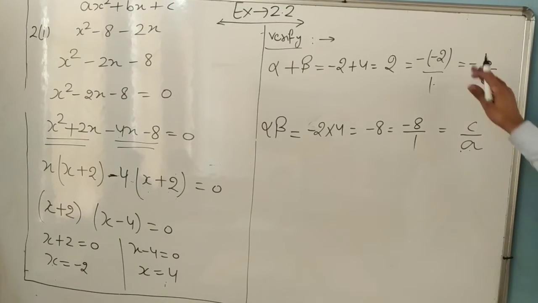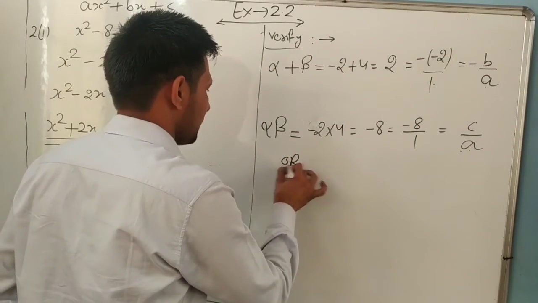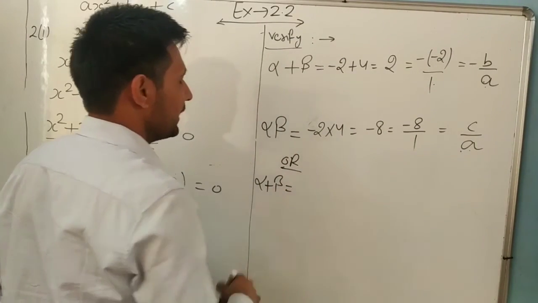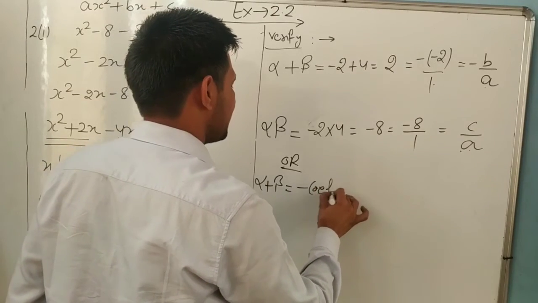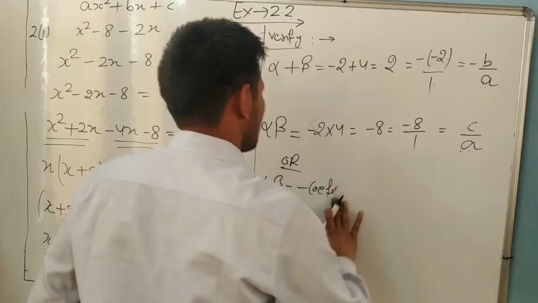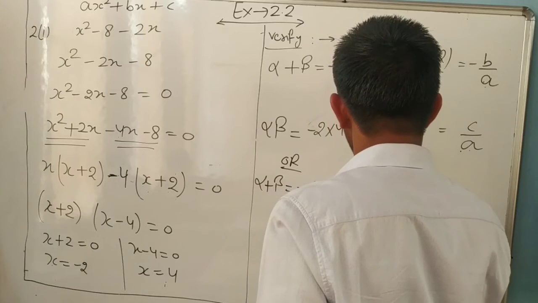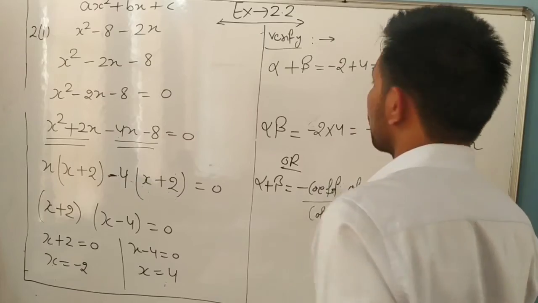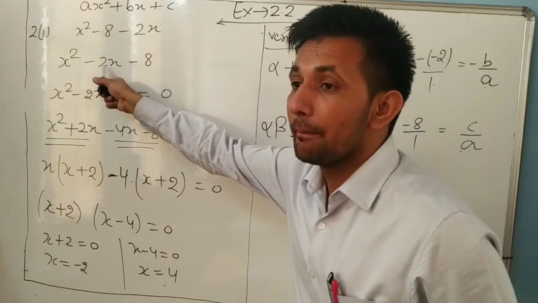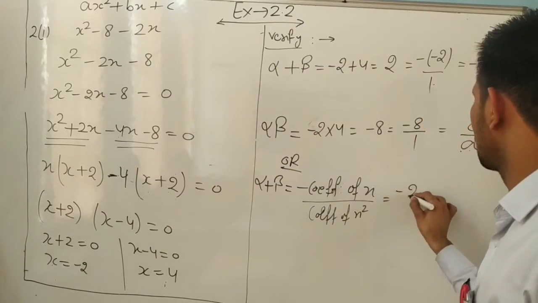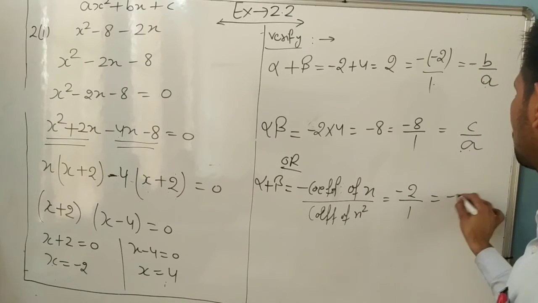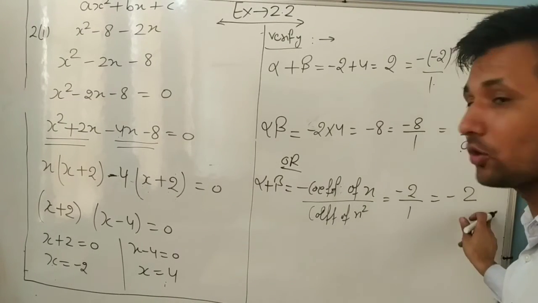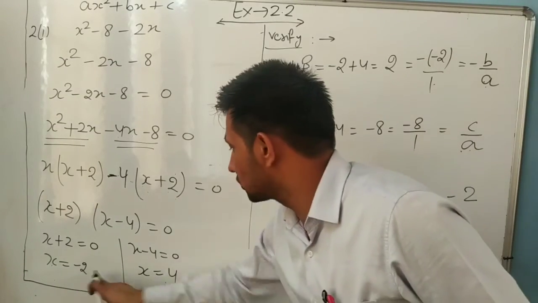You can also write it like this if you want. Alpha plus beta equals coefficient of x divided by coefficient of x square, so coefficient of x is minus 2 divided by x square's 1, so minus 2 by 1, and it is equal to alpha plus beta, minus 2 plus 4.